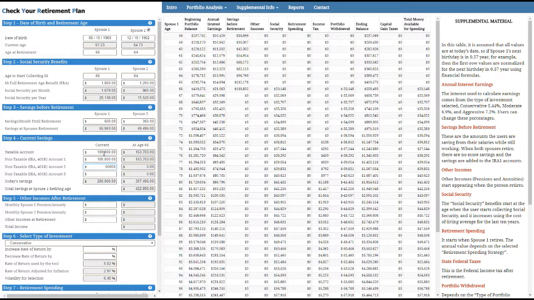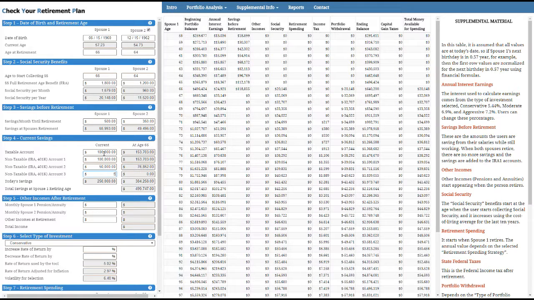At Spouse 1 age 57.2, the couple has $300,000, but at Spouse 1 age 58, the money saved has increased to $311,000 at the rate of return selected in Step 6.